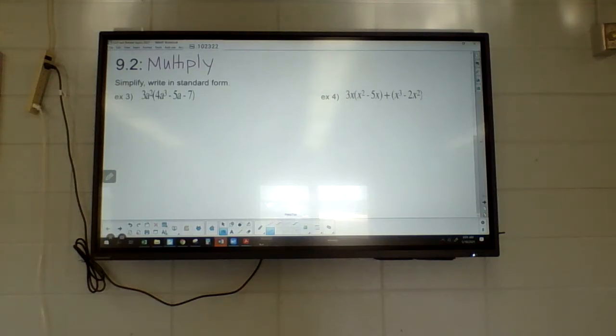So in this case, we should be distributing that 3a squared in if you haven't already. You're distributing that into all the terms, and in this case, there are 3 terms there.